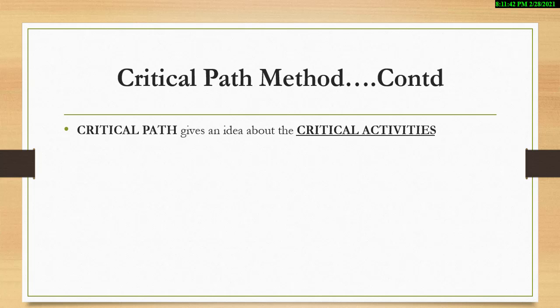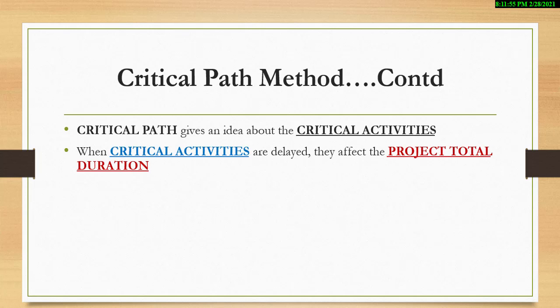So when we have a critical path number of 0, it means that that particular activity is a critical activity. So when critical activities are delayed, they definitely affect the total project duration.